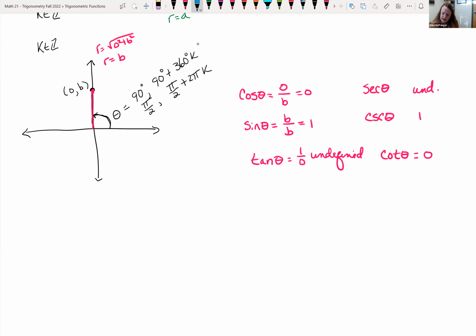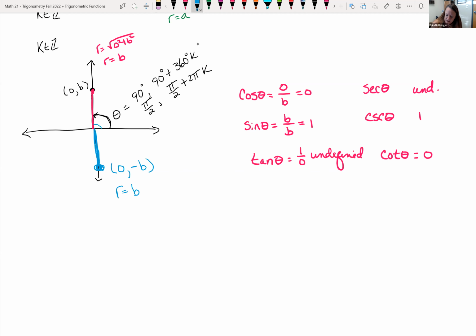Now let's do the exact same thing, but with the y-axis negative. Let's say we had some point here, and again x is 0. Our y value, let's say this is negative b. If you use your formula to find r, you'll see that this is equal to b.